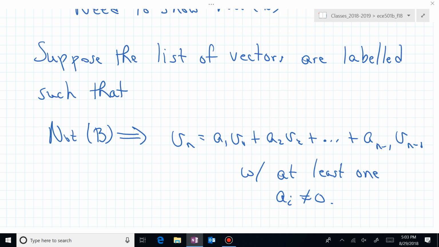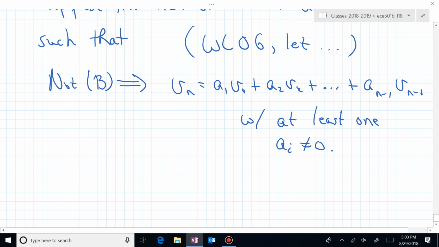They may just say, without loss of generality, let V sub n equal. And behind the scenes, you're saying, okay, sure, I can relabel my vectors such that the last one, V sub n, is some linear combination of the first n minus 1. So now we have V sub n written this way.